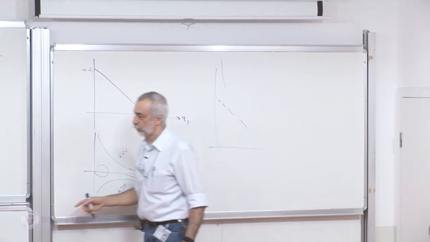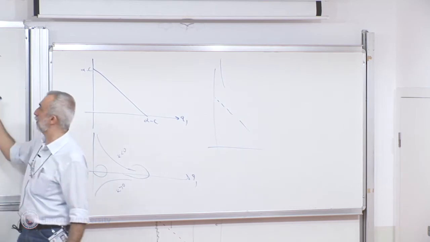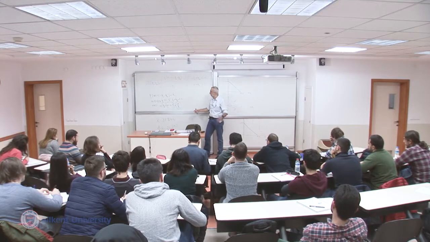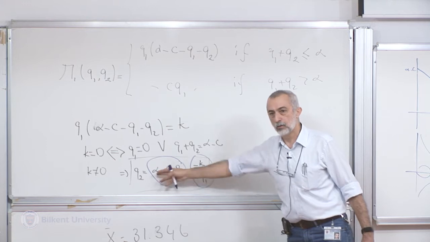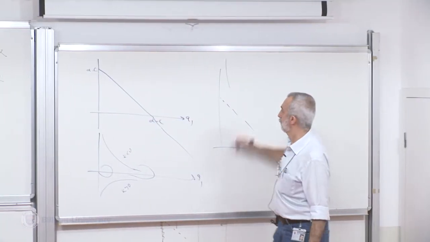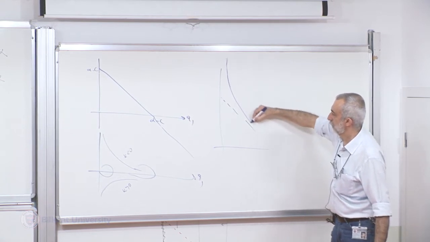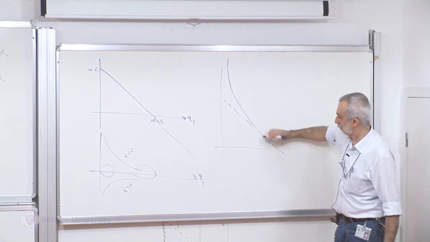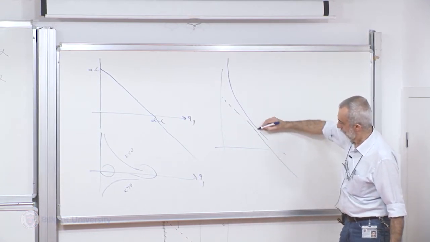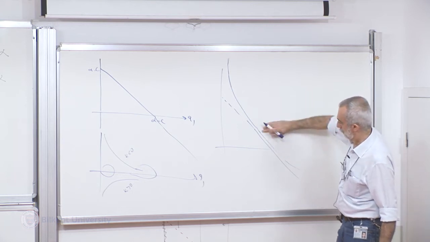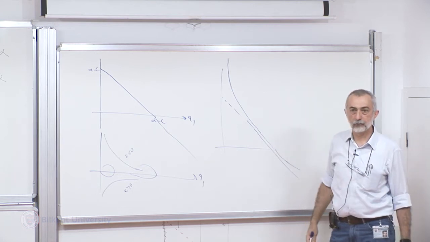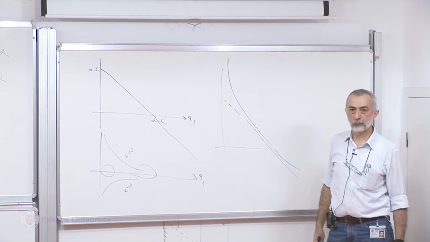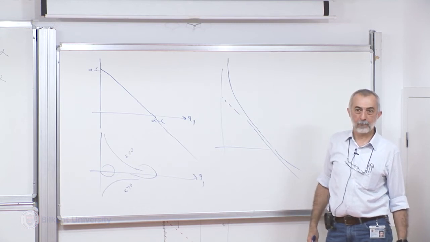And as q1 goes to infinity, well, it can't. We have this restriction, but let's assume there's no restriction. It will approach asymptotically to this line, okay? So that's what I would expect to see when k is negative, right?